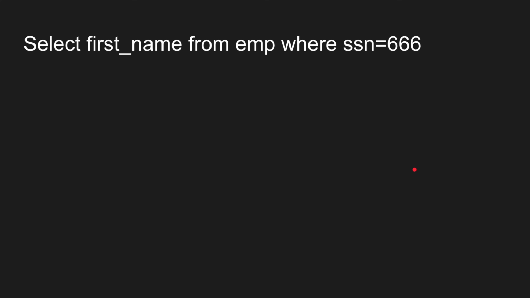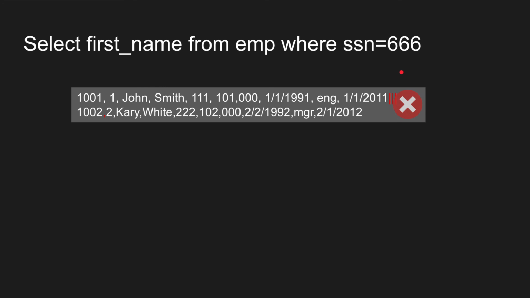So let's execute our first query against a row-oriented database. I'm looking for the first name of the employee whose social security number is 666. The devil. All right, so let's pull it. I have to start from the top, right, because I don't know where employee 666 is.